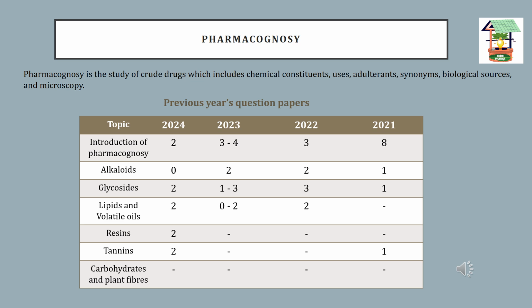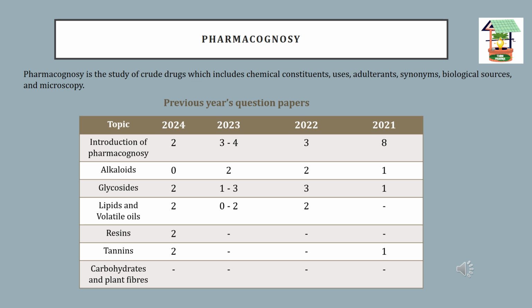And from the same topic in 2023, 3 to 4 questions were asked, and in 2022, 3 questions were asked, and in 2021, 8 questions were asked. So from year to year, the questions asking pattern will be different. So every topic is important to gain more marks.